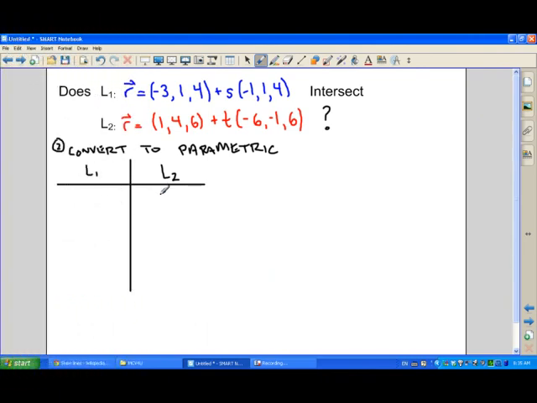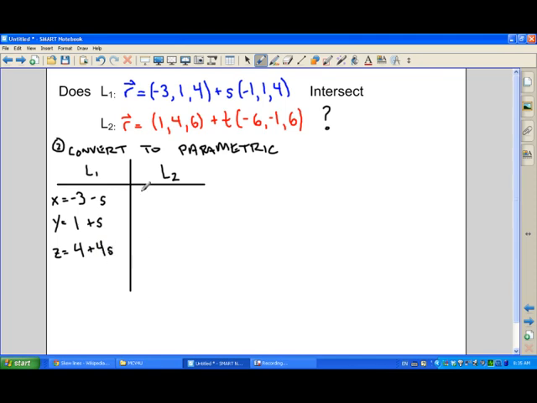So now that I've verified that the lines are not parallel, the second thing that I'm going to do is convert each equation of a line to parametric equations. So for line 1, x is going to be equal to -3 minus s, y is going to be equal to 1 plus s, and z is going to be equal to 4 plus 4s.